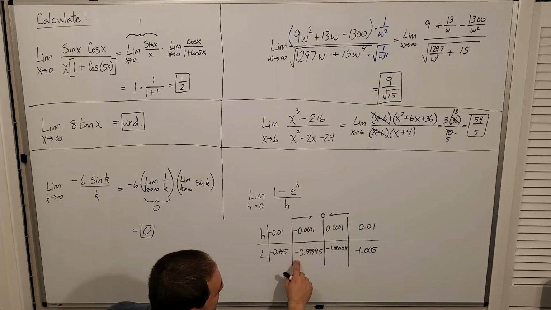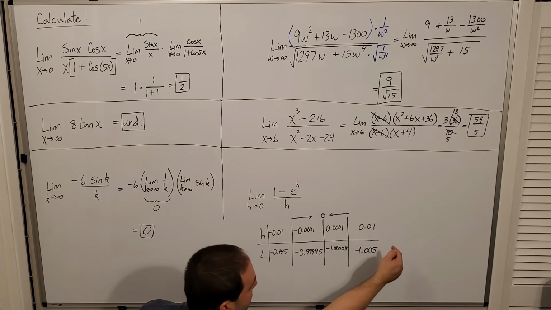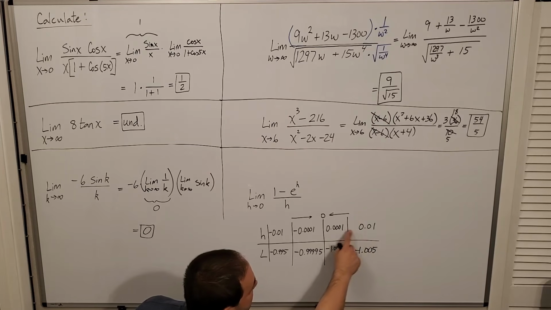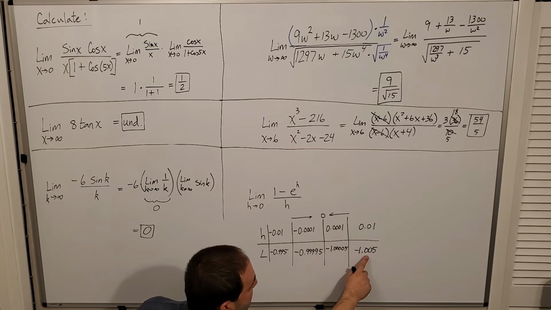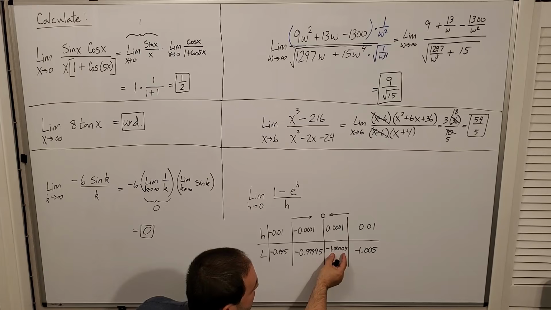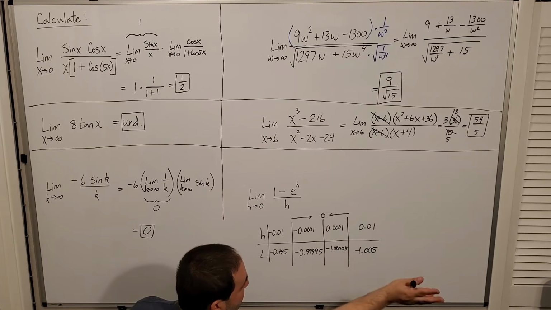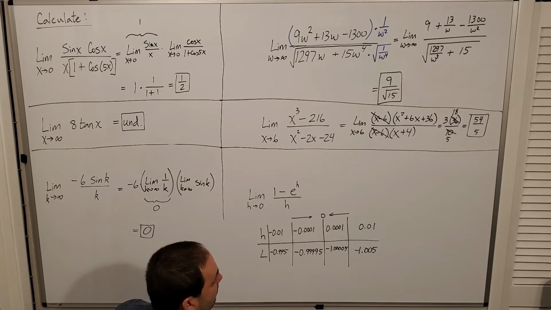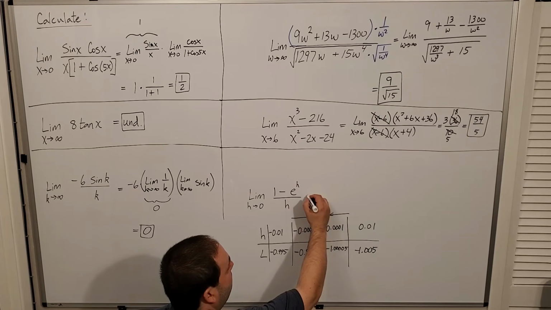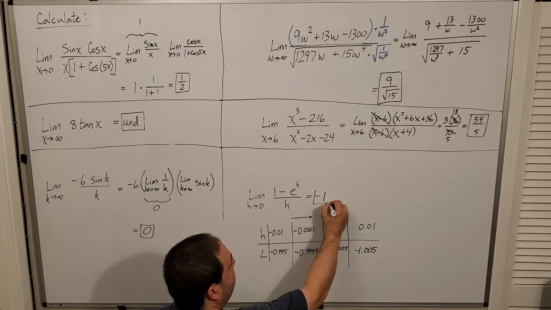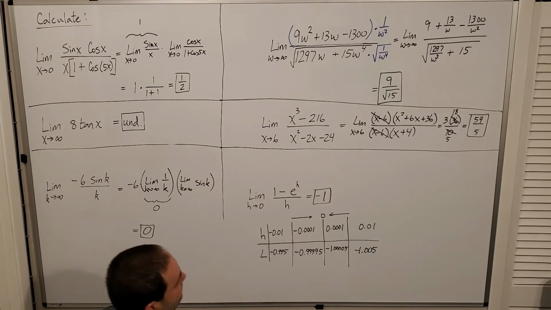So as you can see, this looks like it's approaching negative 1. And it's quite obvious from the other side as well. The more zeros that I put here, the more separation there is between the negative 1 and the 5 in the decimal place. The 5 is eventually going to go infinitely out. Both directions are going to negative 1. The answer here is negative 1 for this limit.